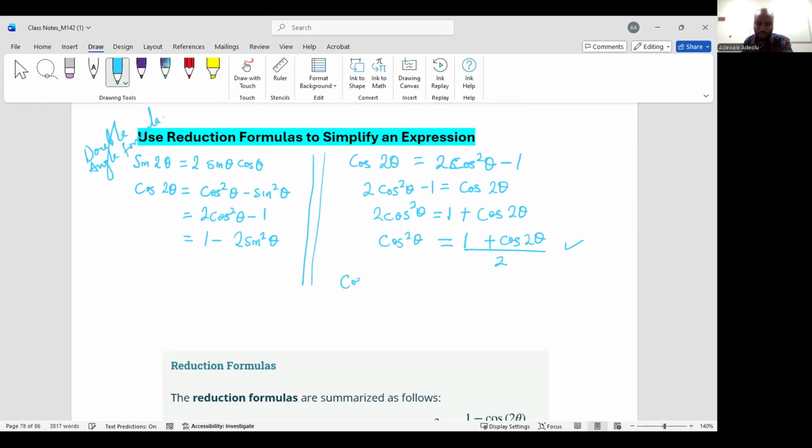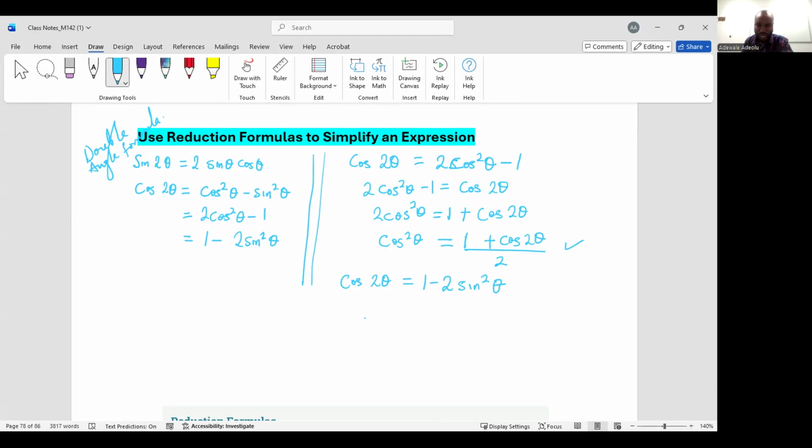Also, from cosine of 2 theta equals 1 minus 2 sine squared of theta, I can do the same thing. So I will have 2 sine squared of theta equals 1 minus cosine of 2 theta. And I can say, well, minus 2 sine squared of theta equals cosine of 2 theta minus 1. I can divide through by negative 2.